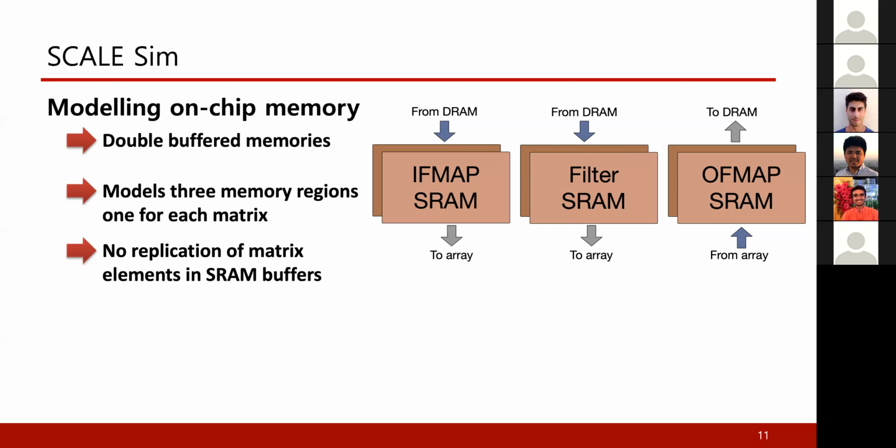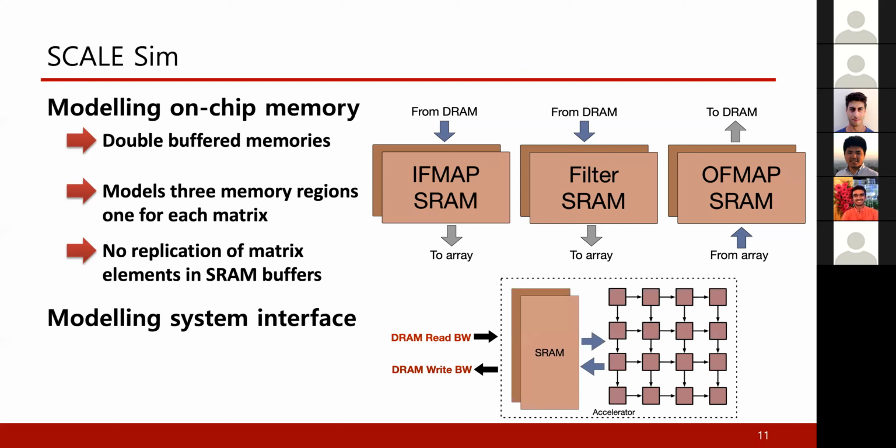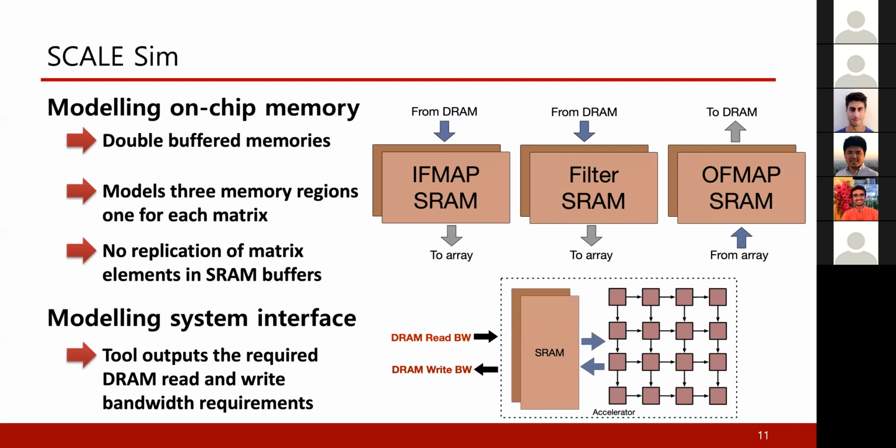So after memory, we model the system interface as well. The way we do this is that we keep track of the DRAM read and write bandwidths. ScaleSim V1 actually just assumes a stall-free operation and tells you what the optimal read and write bandwidth of the interface should be to keep your accelerator working without stalls.